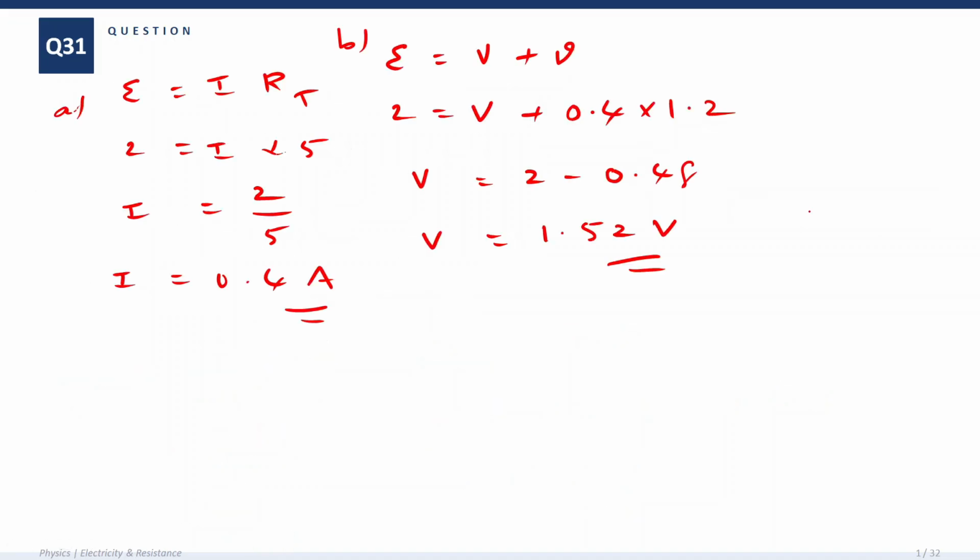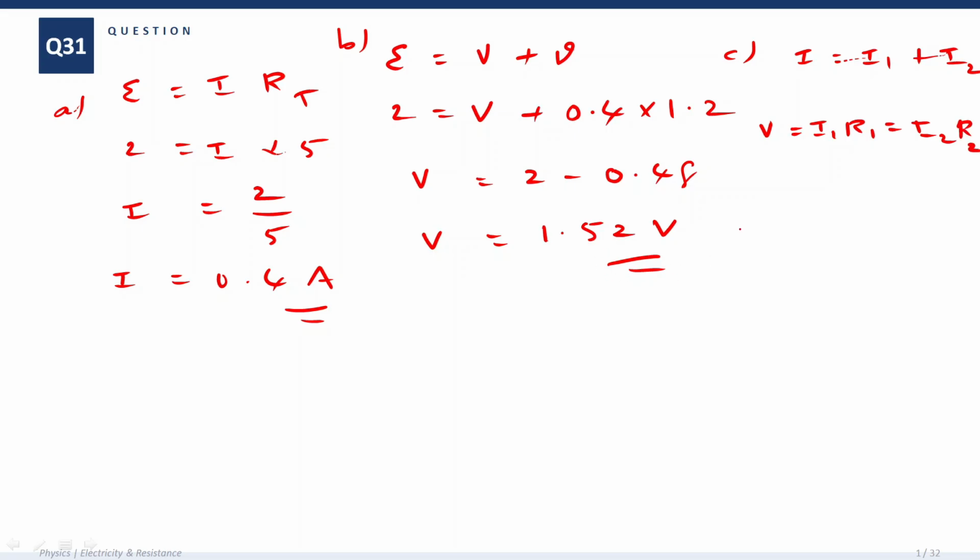At the junction, by the law we write the current: I equals I1 plus I2. Similarly, the potential is the same between the two points, whether the above branch or below branch. So I will write V equals I1 R1 equals I2 R2.